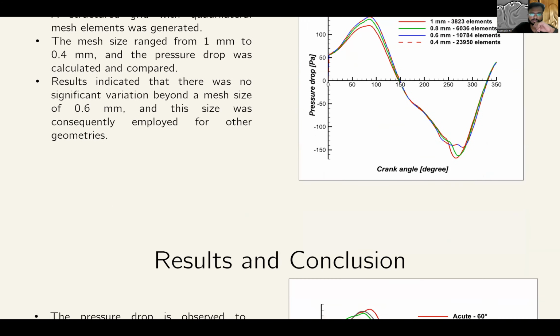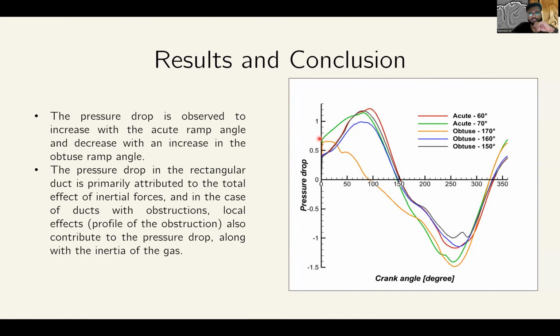So these are the results, and as you can see, the pressure drop increases with acute ramp angles and decreases with increasing obtuse ramp angles. In hindsight, it looks obvious, but we have to collect the data to confirm it.